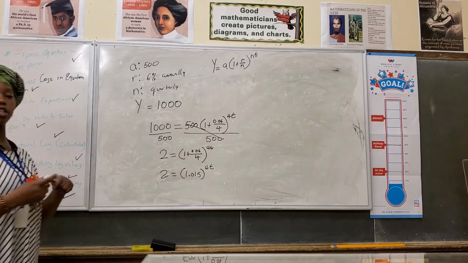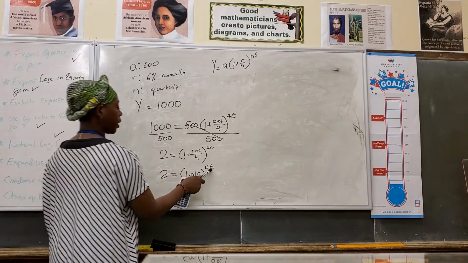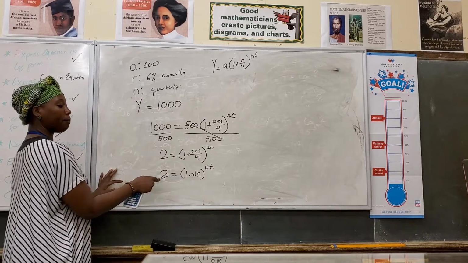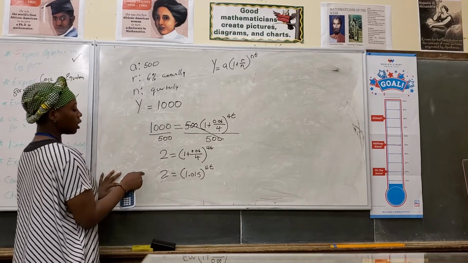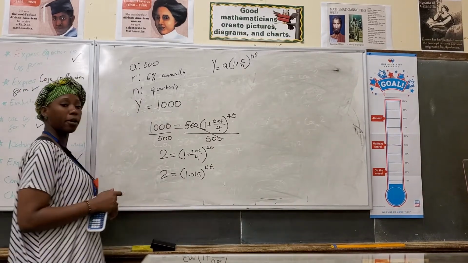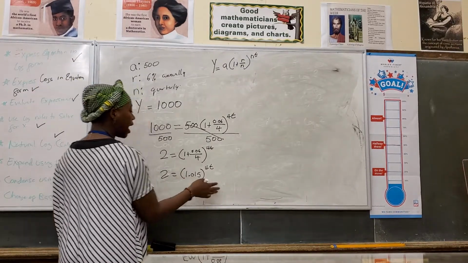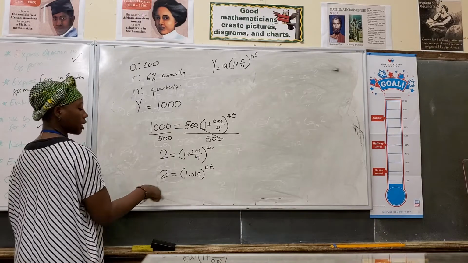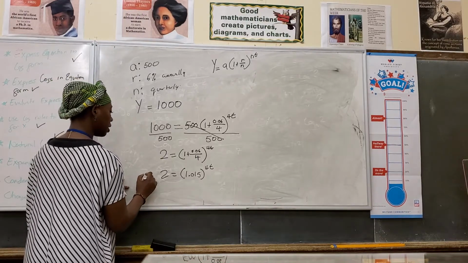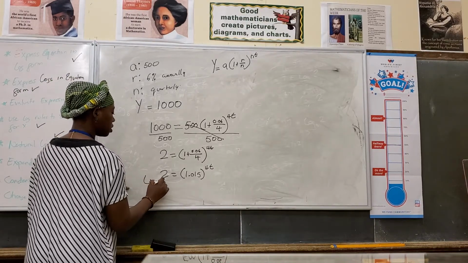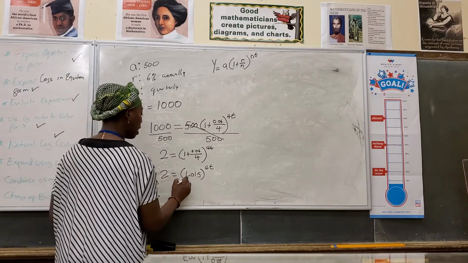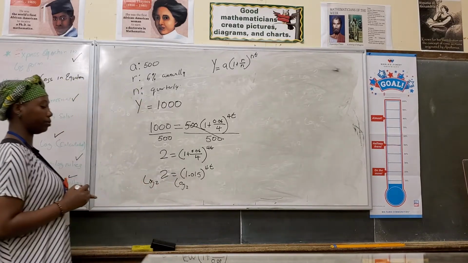In order for me to bring down this exponent, I need to use log base 2. So I need to do the log base 2 on both sides, because remember, if you do the log base 2 of both sides, then you will be able to cancel out this side. So I say log base 2 over here and log base 2 over here.